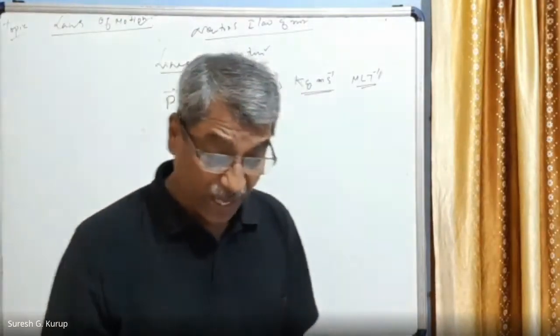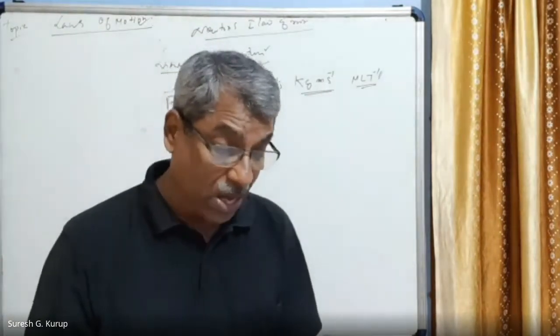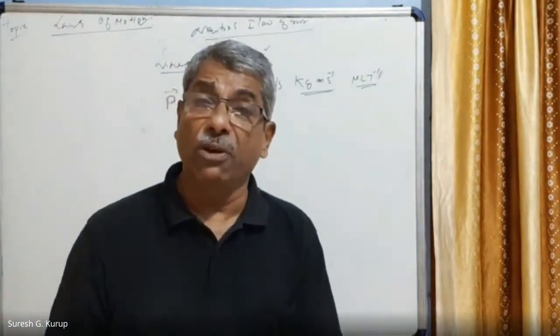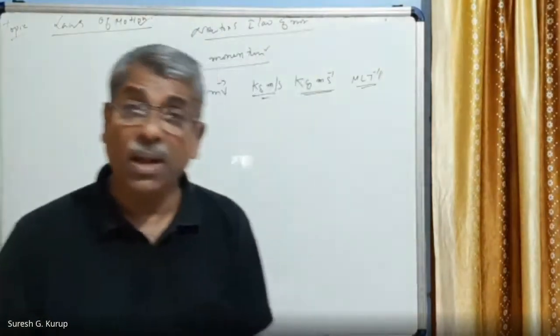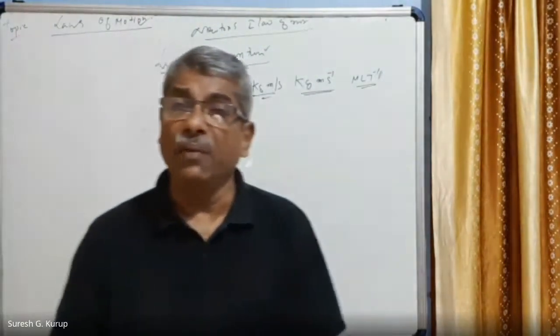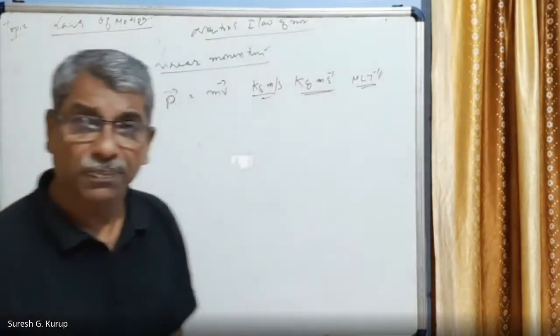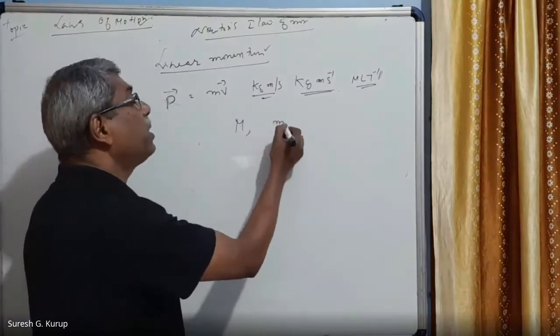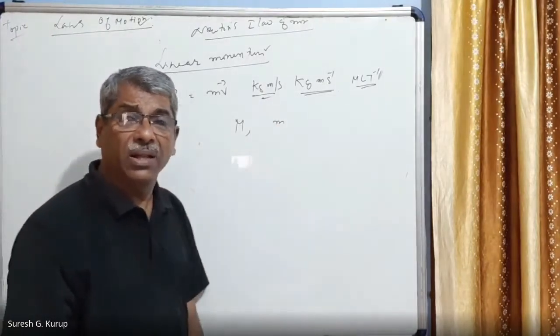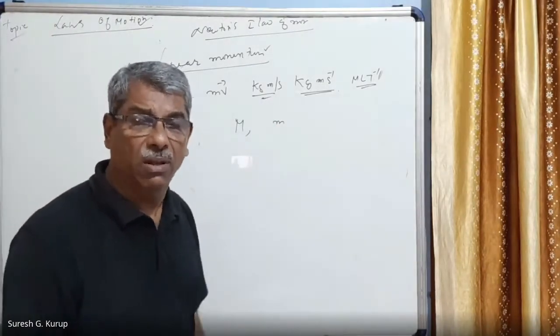Now suppose two bodies have different masses. One has mass capital M and the other has mass small m. Suppose they are moving with the same velocity.